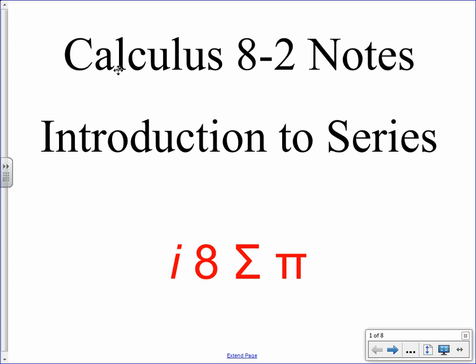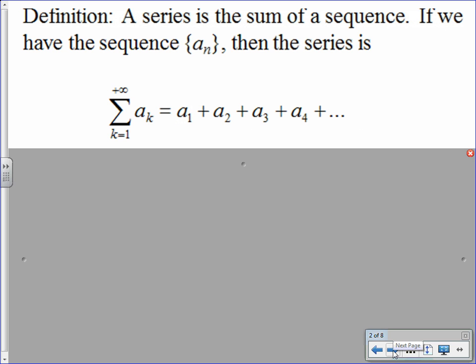A series is essentially addition of one or more parts of a sequence. So if your sequence is infinite, then your series is the sum of that infinite sequence. So a series is a sum of a sequence, whether it be a partial sum or an infinite sum.